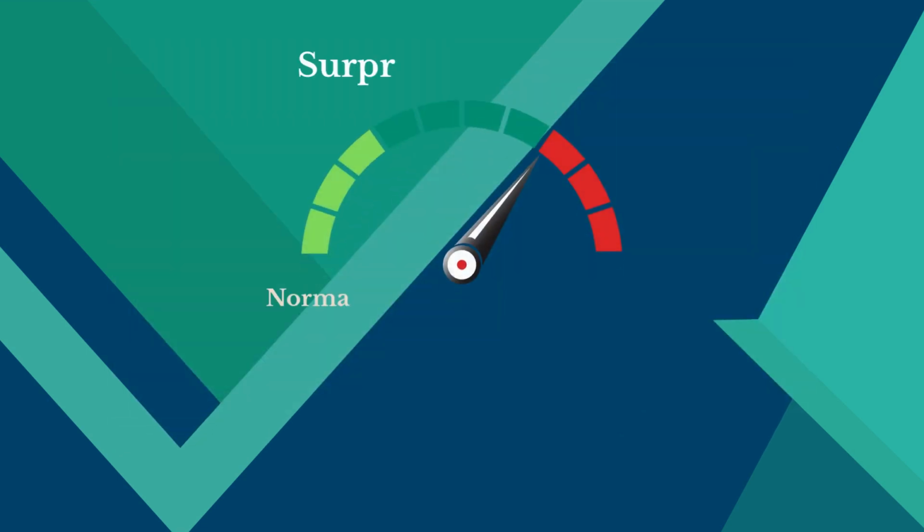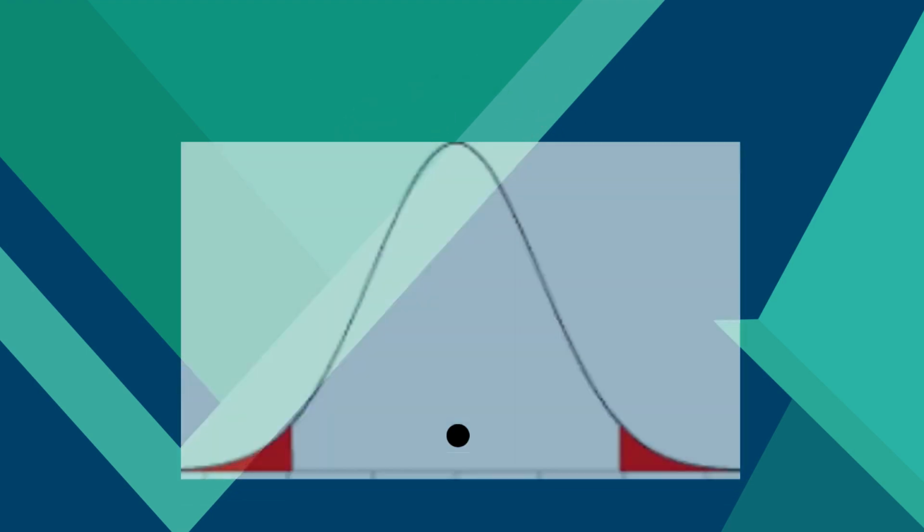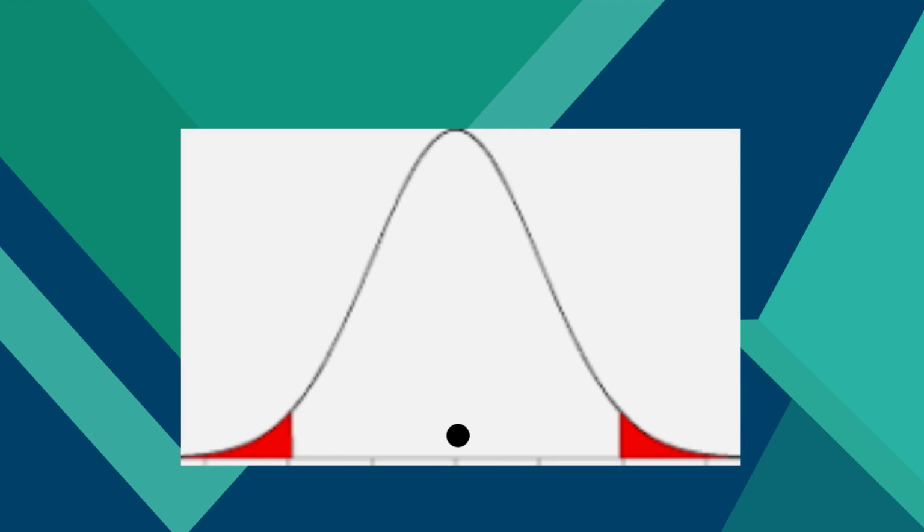Now, here's the key idea: a tail represents how surprised we are willing to be before we stop blaming randomness. That's it. Not truth, not certainty, just surprise. If your result falls near the center, it looks normal. If it falls deep into the tail, it looks unusual. And the deeper into the tail it goes, the harder it is to explain using randomness alone.